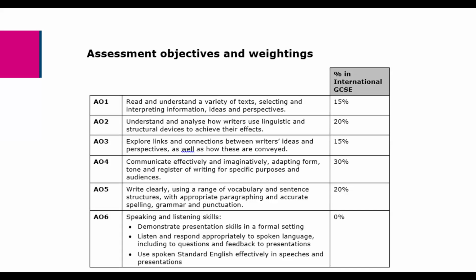So the reading assessment objectives, AO1, AO2, AO3, are 50%, and the writing assessment objectives, AO4, AO5, are 50%. AO6, the spoken language endorsement, is an endorsement at pass, merit, or distinction on the front of the certificate.